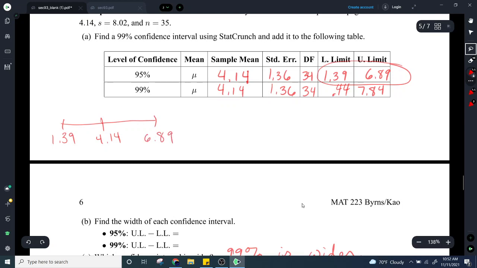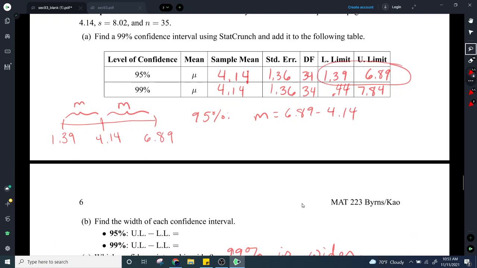If I asked you, what is the margin of error, just like we did earlier in the course, you would tell me it's the interval from the lower bound to the mean, or the mean to the upper bound, whichever way you want to think about it, it's the same thing. For the 95% confidence interval, let's do the upper one: 6.89 minus 4.14 gives me a margin of error of 2.75.